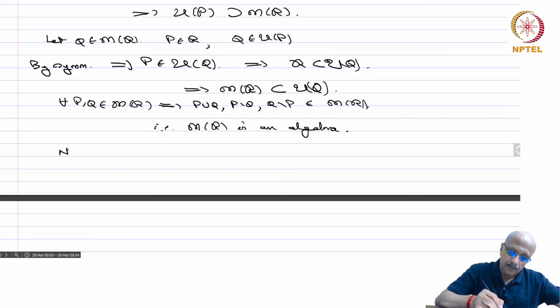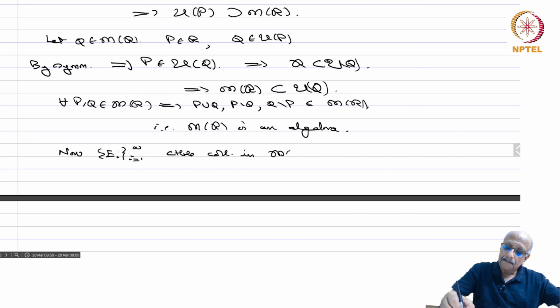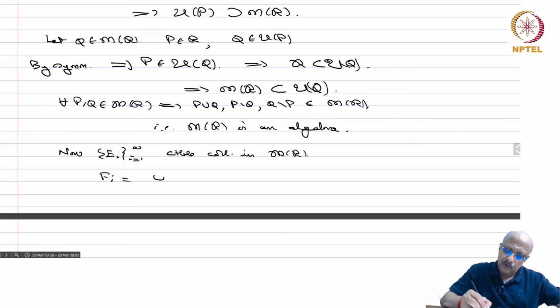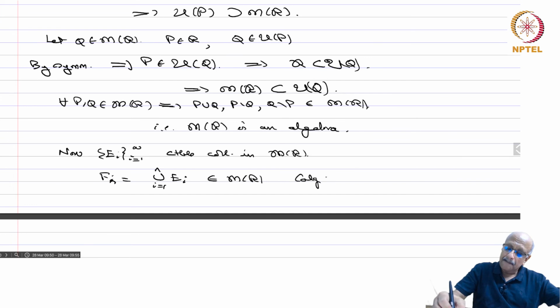Now, let E_i, i equals 1 to infinity, be a countable collection in M of R. Then F_n equals the union i equals 1 to n of E_i belongs to M of R, because this is an algebra, and F_n is increasing.